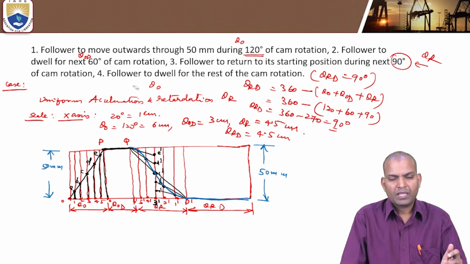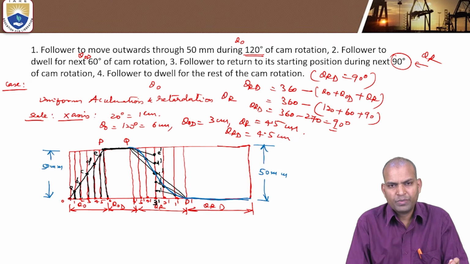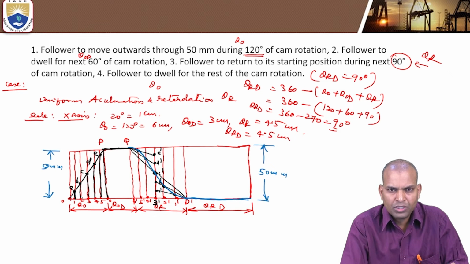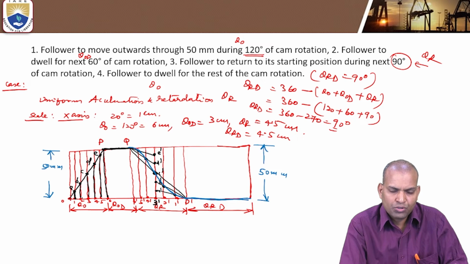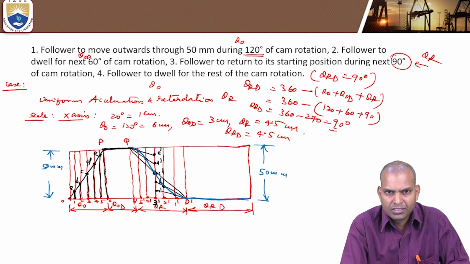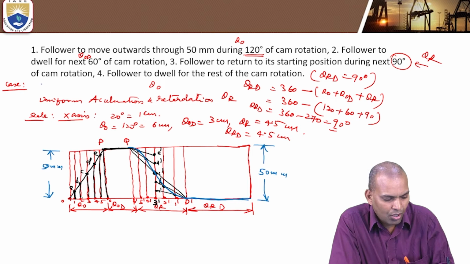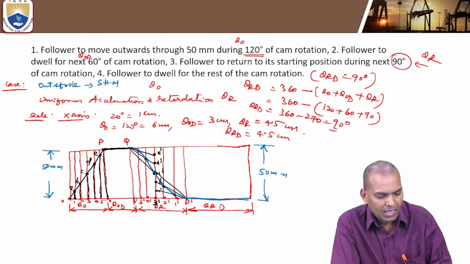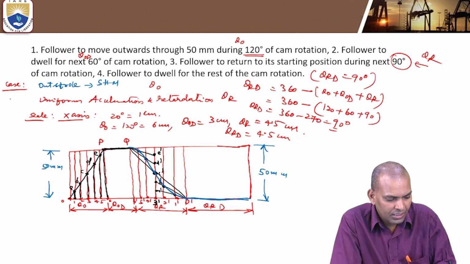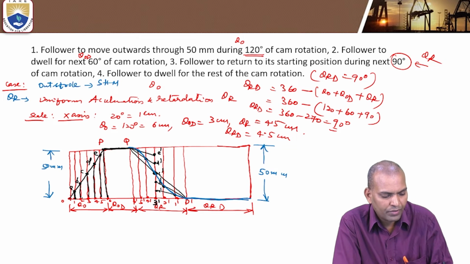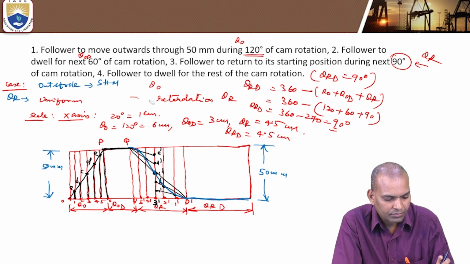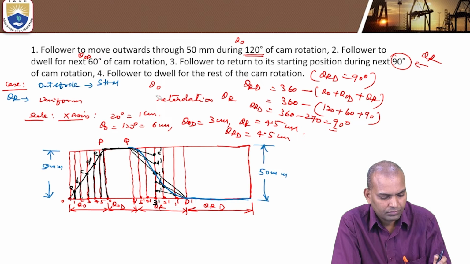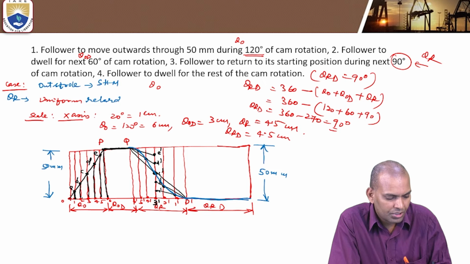We have to draw the displacement during the outstroke as simple harmonic motion, and the return stroke remains the same as what you have drawn, that is uniform retardation. Outstroke is SHM, simple harmonic motion, and return stroke, theta R, has uniform retardation.